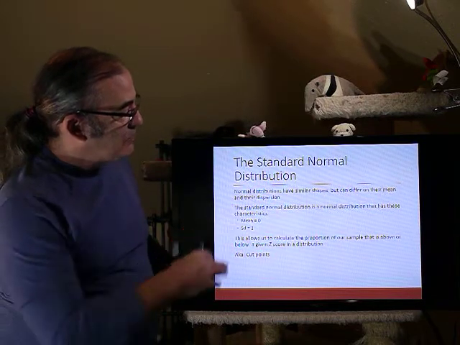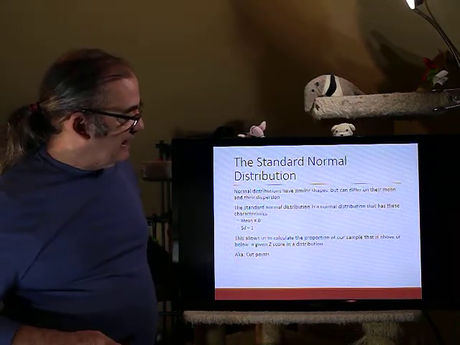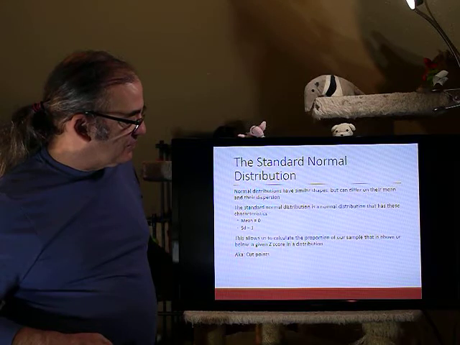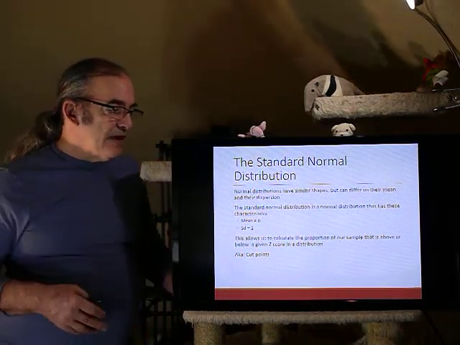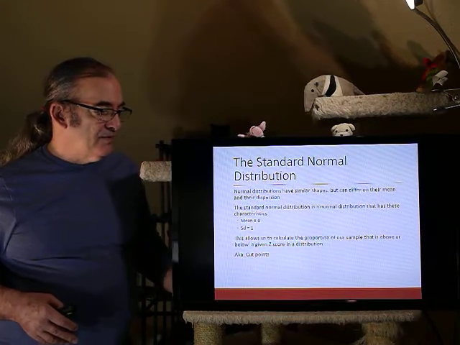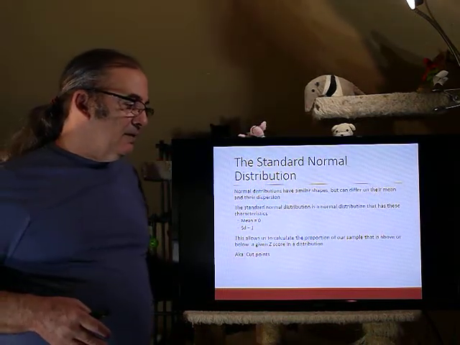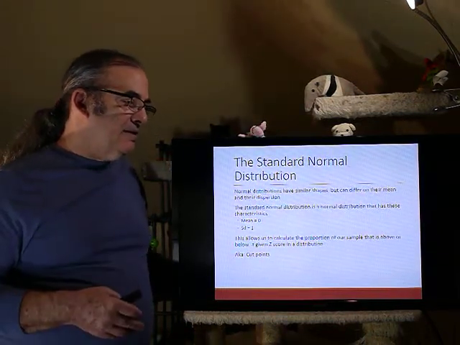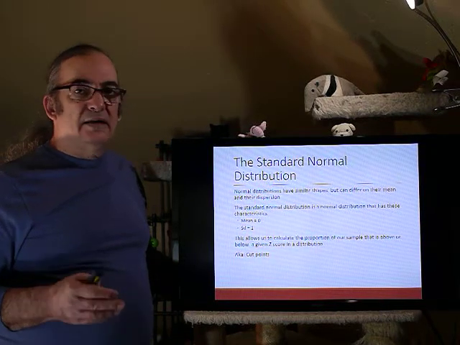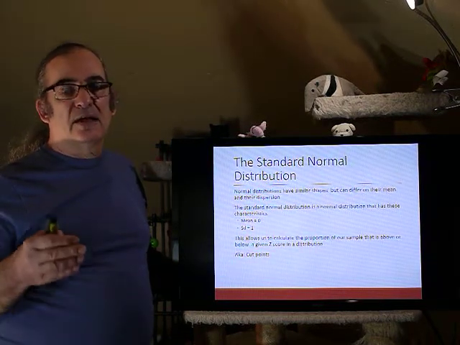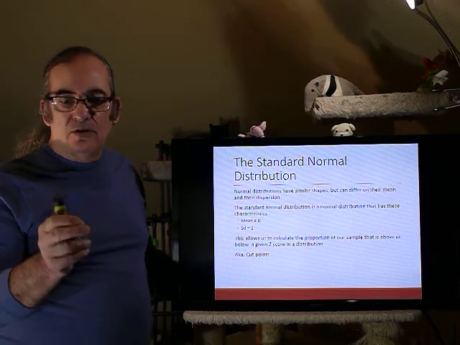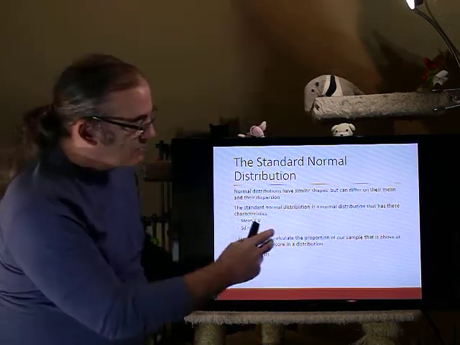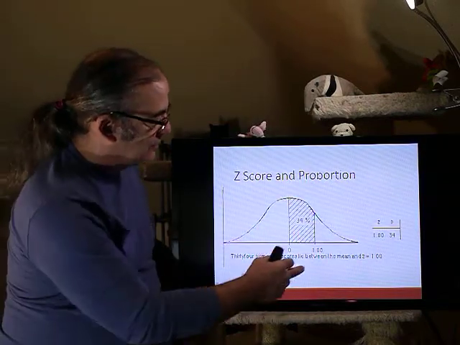The standard normal distribution is a normal distribution that has these characteristics. It will have a mean of 0 and it will have a standard deviation of 1. Right? This allows us to calculate the proportion of our sample that's above or below a z-score, and this can represent cut points. And the idea of cut points, again, is kind of associated to banding, that we may, in fact, want to view our sample in terms of its discrete position on a distribution.